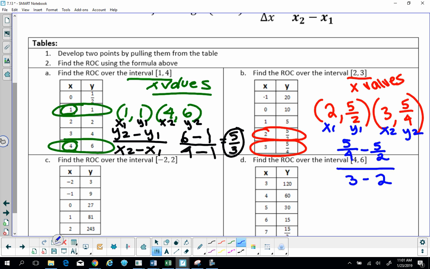So this is nothing new, it's just average rate of change. When I do that, I end up getting negative 5 over 4 over 1, which ends up just getting you negative 5 over 4. Does this make sense?